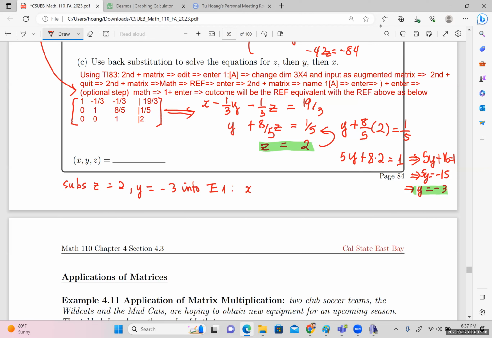So we have x minus 1/3 y minus 1/3 z equal to 19/3.